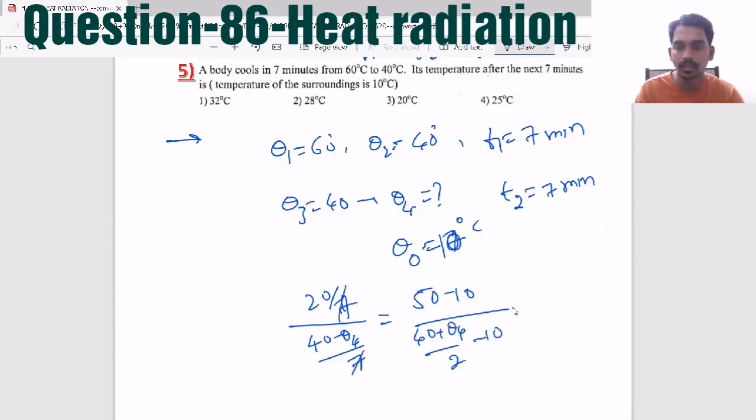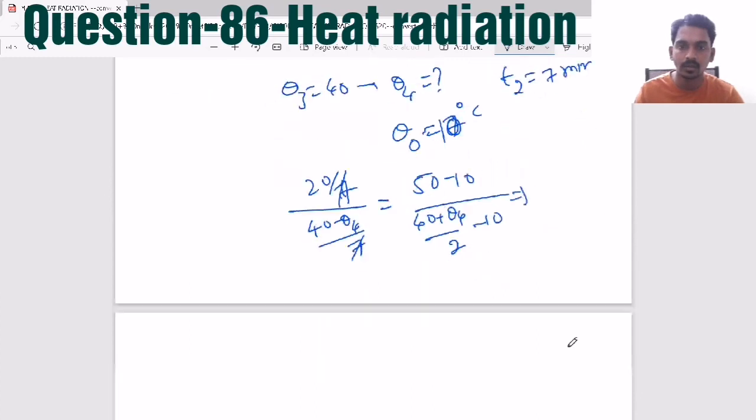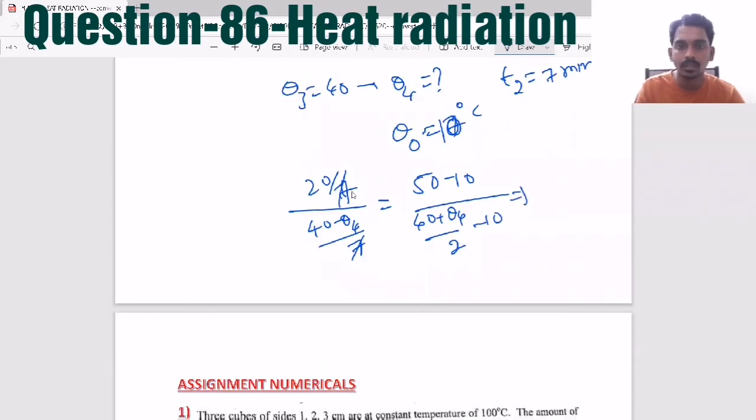Now here 7 gets cancelled. Next what equation will come? Here 20 by 40 minus theta 4 equal to 50 minus 10, 40, by here if you take LCM the 2 will go up and here 2 minus 10. So 20 plus theta 4.